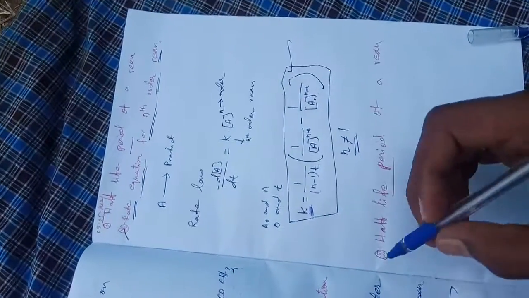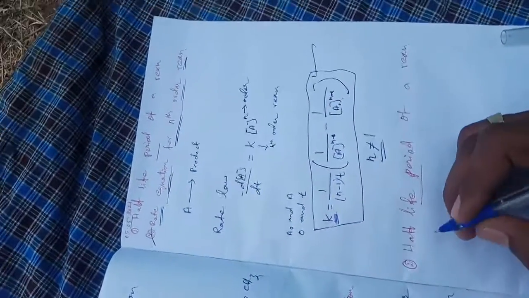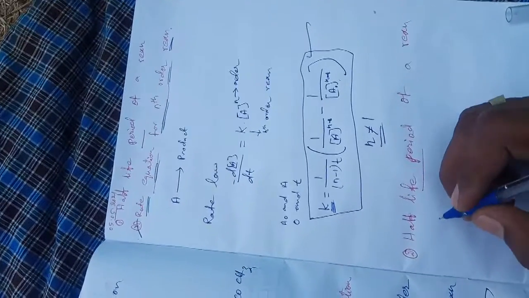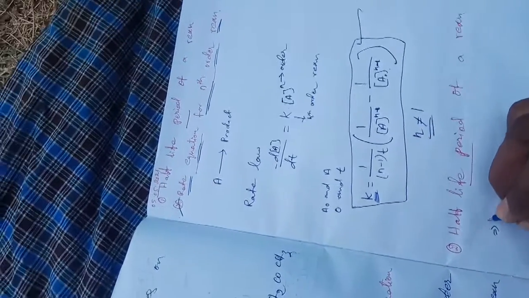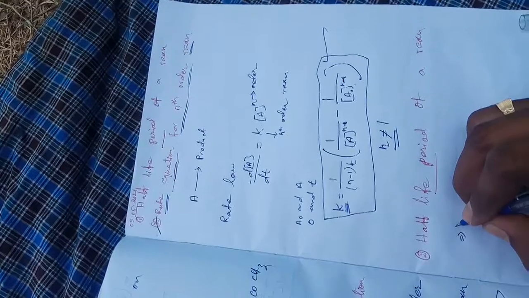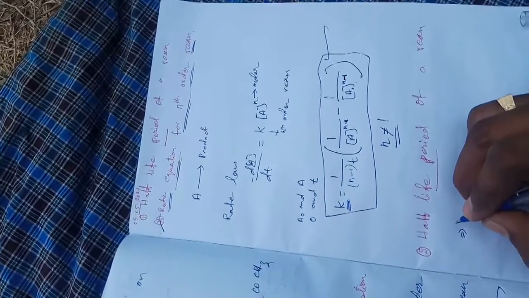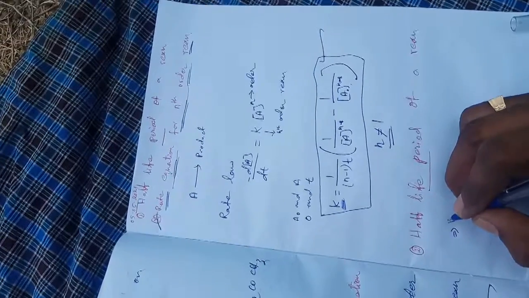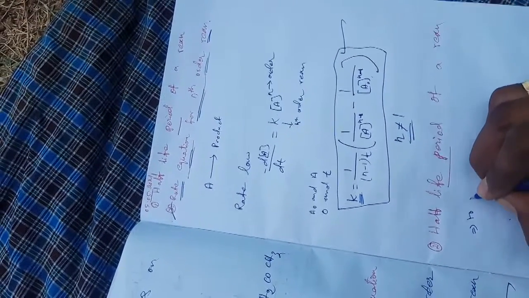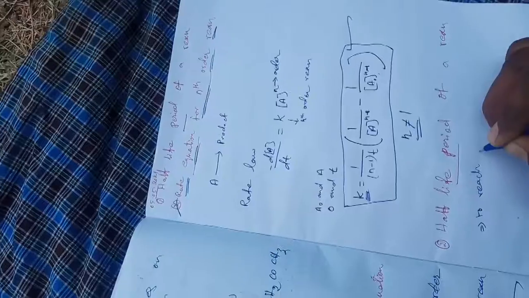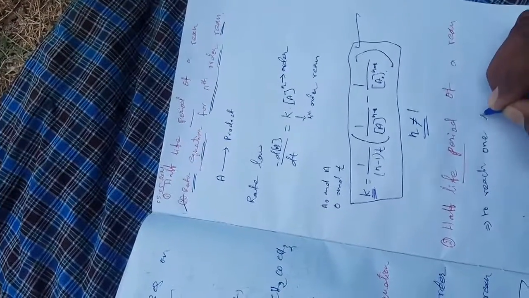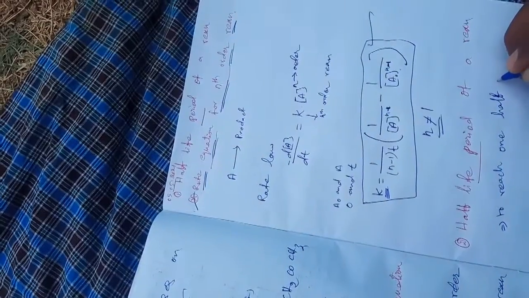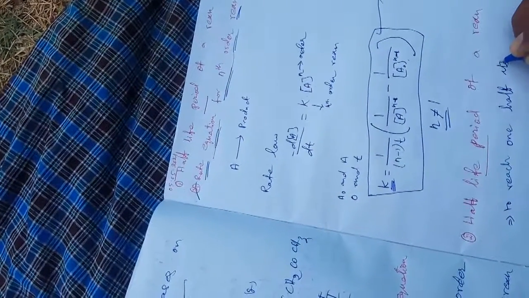The half-life period of a reaction means the time required for the reactant concentration to reach one half of its initial value.